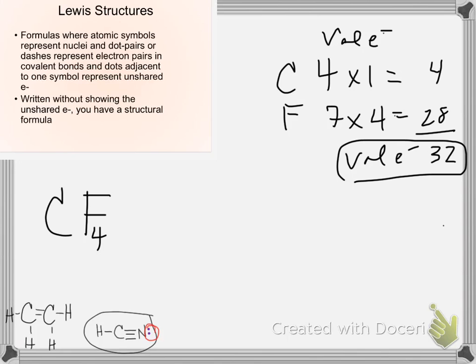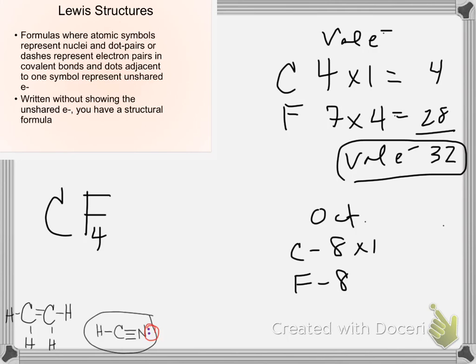Now, here's the question. If everybody was satisfied according to octet, if everybody met their octet requirements, how many valence electrons would the whole thing be? Well, how many does carbon want to feel like it has? Octet, 8. How many does fluorine want to feel like it has? 8.